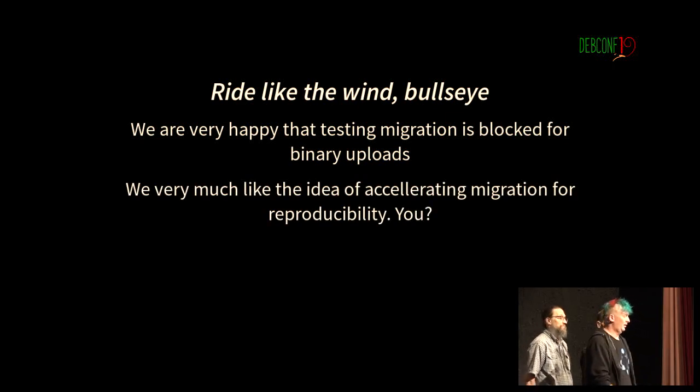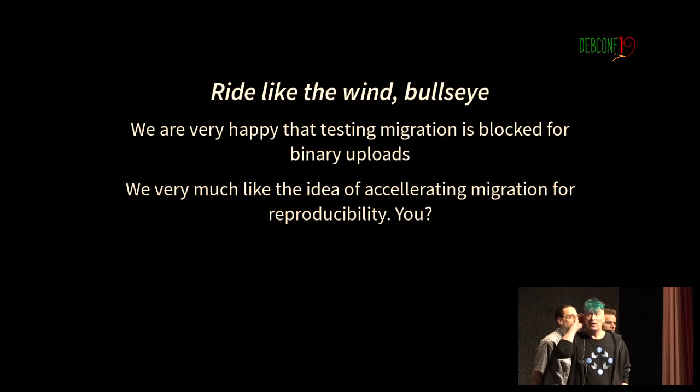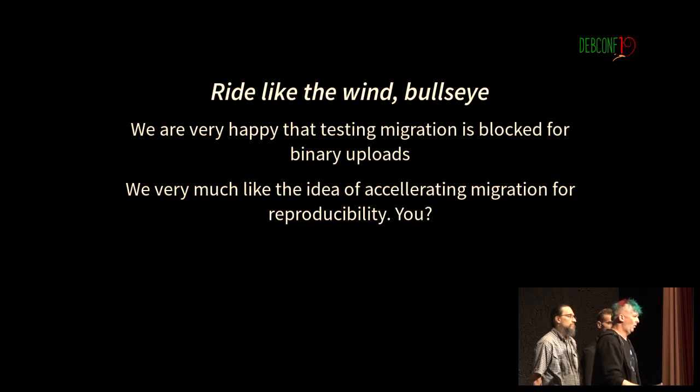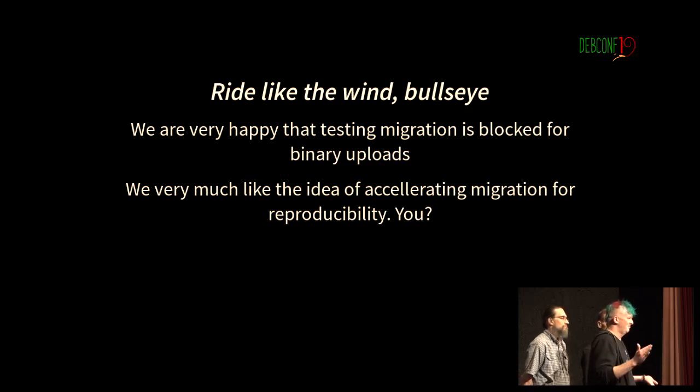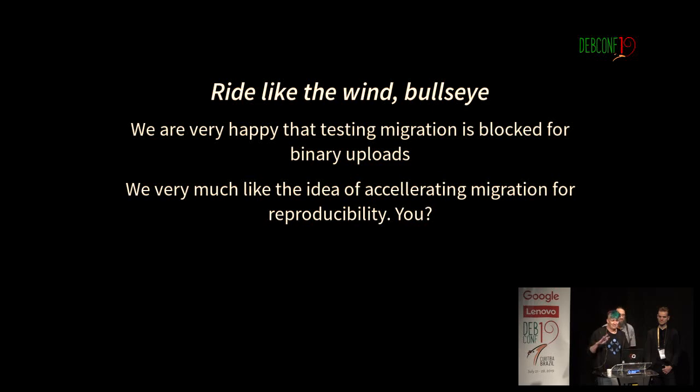And we very much like the idea of accelerating migration for reproducible build packages, or adding a delay for unreproducible packages. What do you think about this? Has some support. Whoever really hates or dislikes it can also send an anonymous email or something.